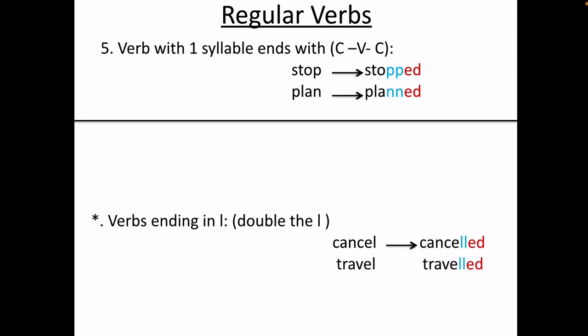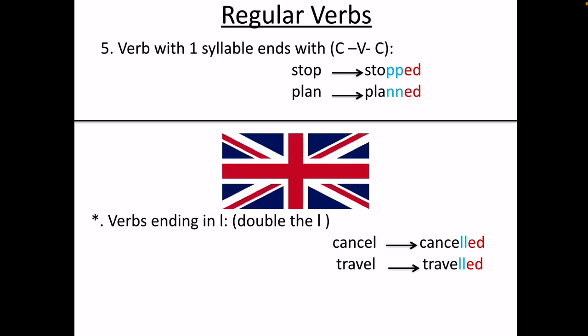In this case, travel, travelled. هنا لدينا فعل انتهى بحرف L، نقوم بمضاعفة حرف ال L ثم نقوم بإضافة ED. This case is only for British English. طبعا هذه الحالة فقط في اللغة الإنجليزية البريطانية، لكن في اللغة الأمريكية لا نقوم بمضاعفة حرف ال L، فتبقى cancel only بإضافة ED و travel only بإضافة ED.